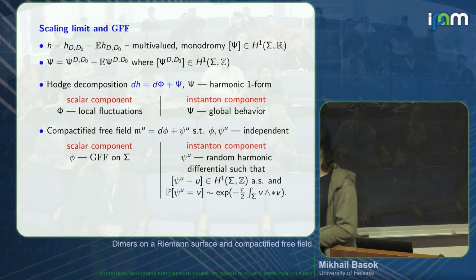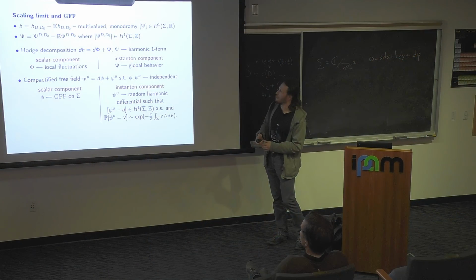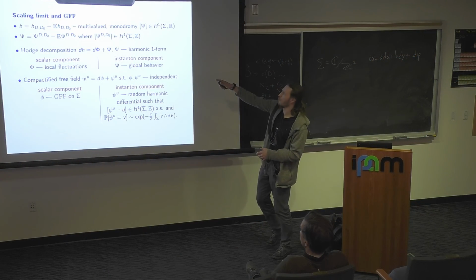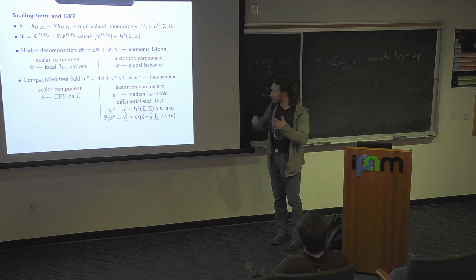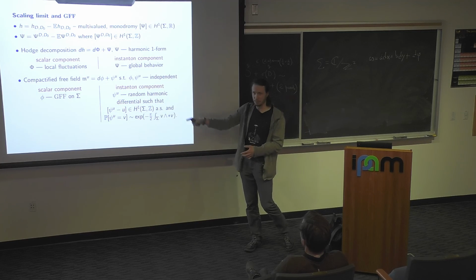Sorry. Yes. So what's U in this notation? As I said, the monodromies of height fluctuations are not integer, but they're integer shifted by something deterministic. So this U is this shift.